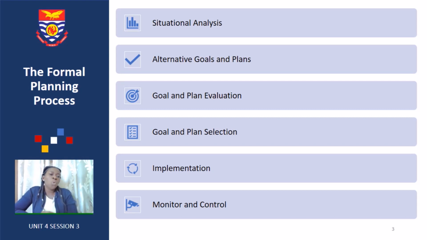Goal and plan selection is also very key. We've looked at the situation, looked at what is at play. We've been able to generate alternative solutions and evaluate them: if you go with this option, this is what is going to happen; if you go with that option, this is what is going to happen.